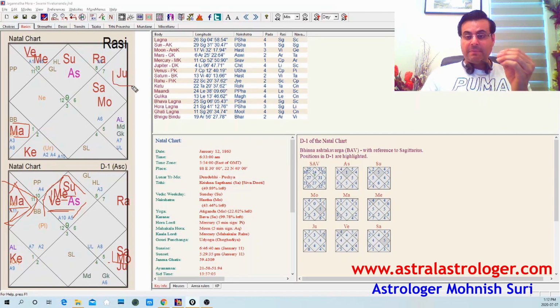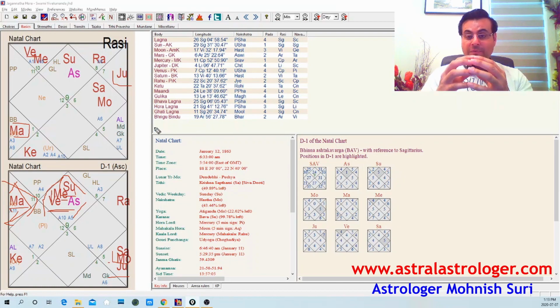Jupiter is the planet of expansion, planet of being a guru, planet of learnings, planet of wisdom. Where is Jupiter sitting? Ninth house. Ninth house represents guru, learning, teaching, spirituality, fortune. So, very easy.